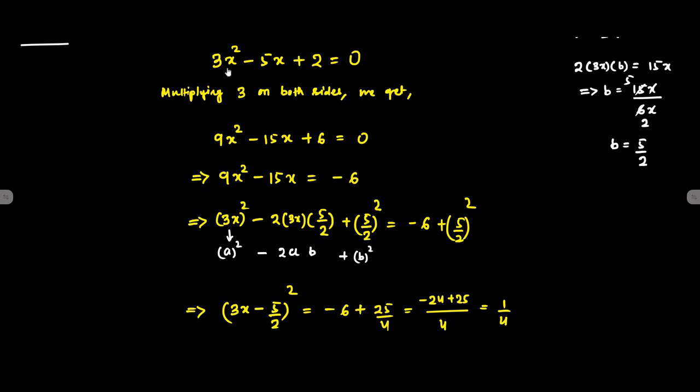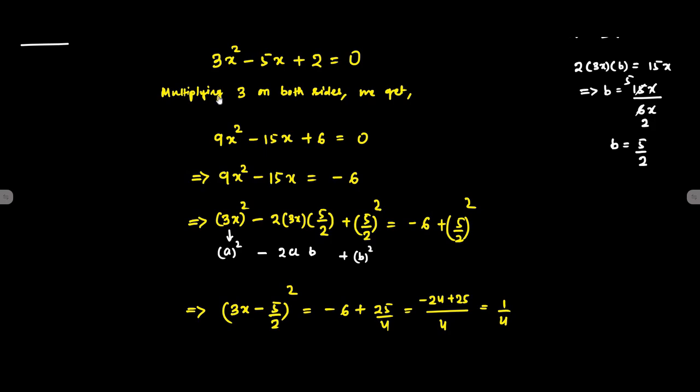So it's better to convert this ax square into perfect square form, like 4x square, 16x square, 9x square, 25x square. If it had been 5x square, we would have multiplied 5 to convert it into 25. If it had been 7x square, we would have multiplied 7 and got 49x square, so 7x whole square.